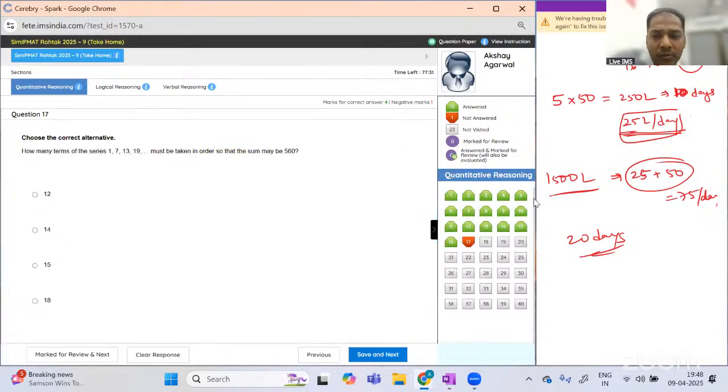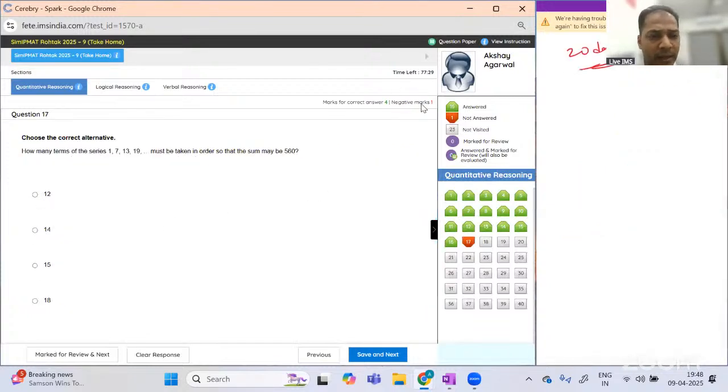How many terms of the series 1, 7, 13, 19 must be taken so that the sum may be 560? Let me check a few options. Let me try 15 terms.